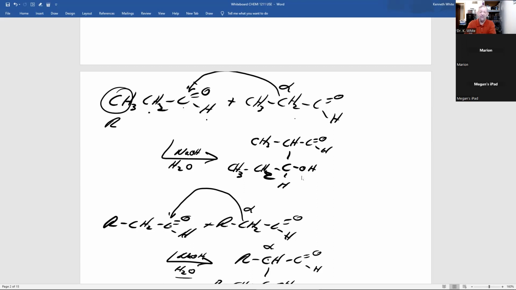And Marion, did you get it right? If you forgot the OH here, did you only have 3 bonds to this carbon?